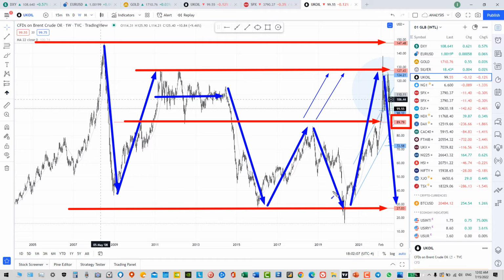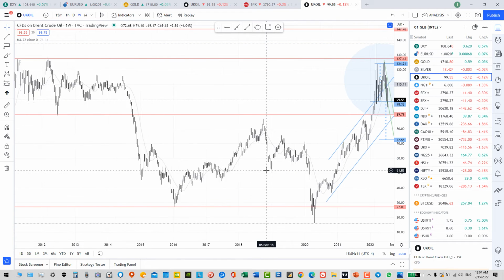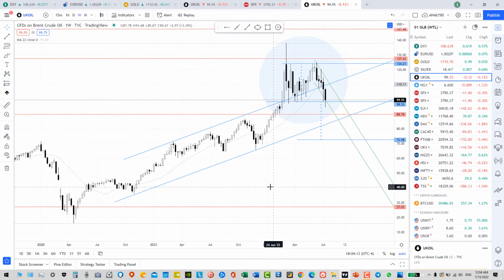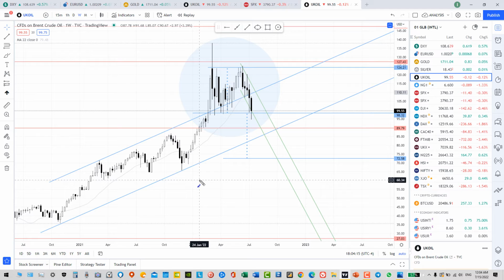It is not surprising that we expect a new weekly long-term trend reflecting from the major resistance around 127.